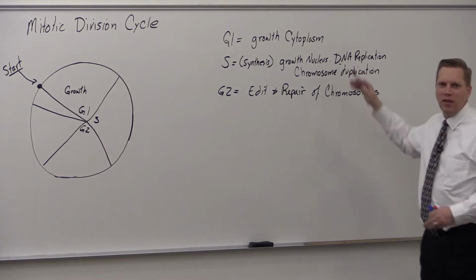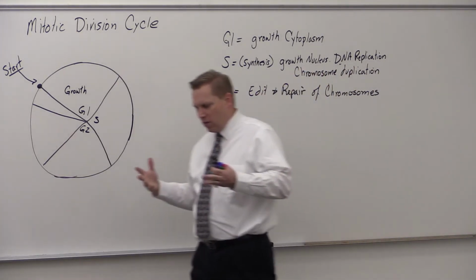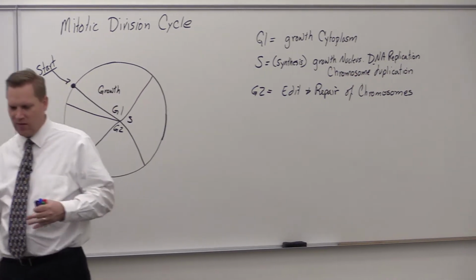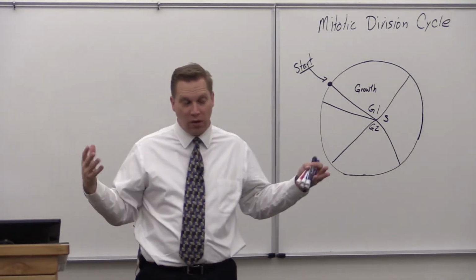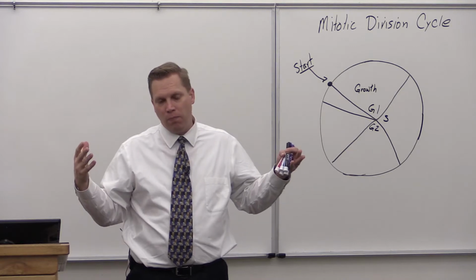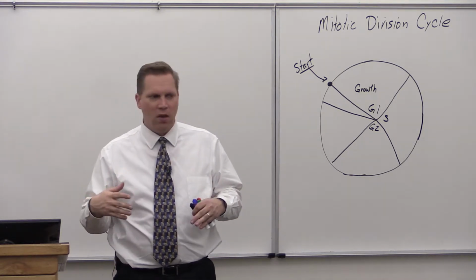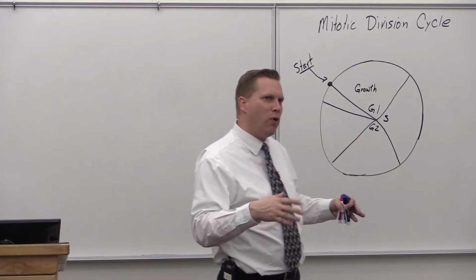And so what we're doing in this stage is, during the replication or synthesis, the cell has to copy somewhere around 3.2 billion base pairs of DNA. So think about that, 3.2 billion.